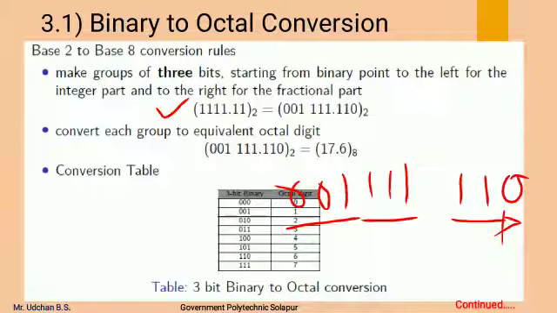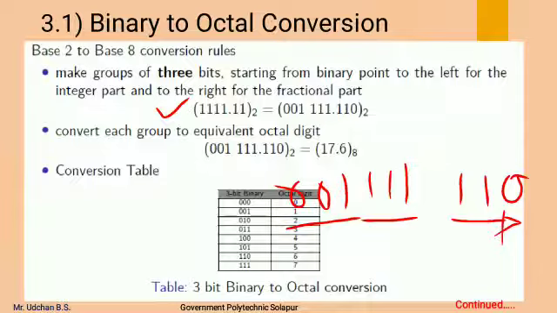So if you can observe, we have made groups of 3 bits. If we are unable to make a group of 3 bits, add the number of zeros needed to make a group of 3 bits, in the MSB position for the integer part and in the LSB position for the fractional part.